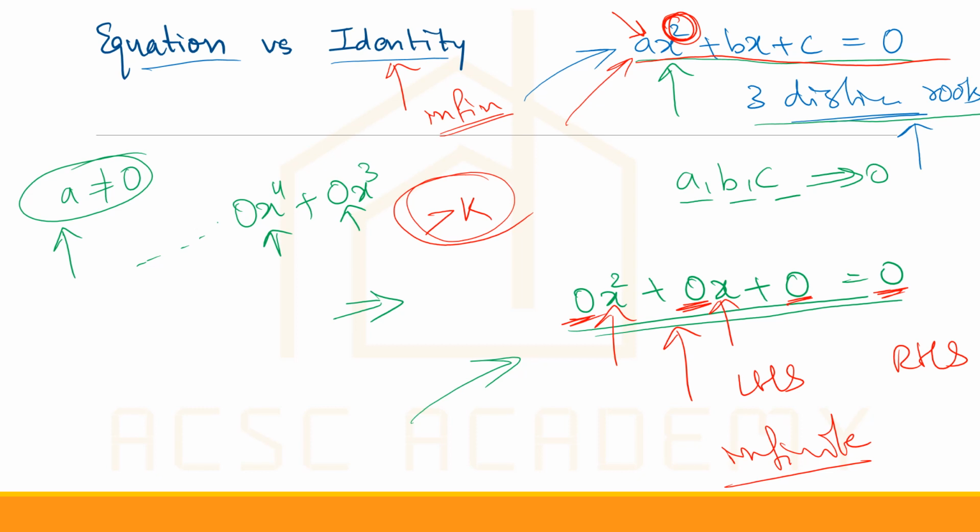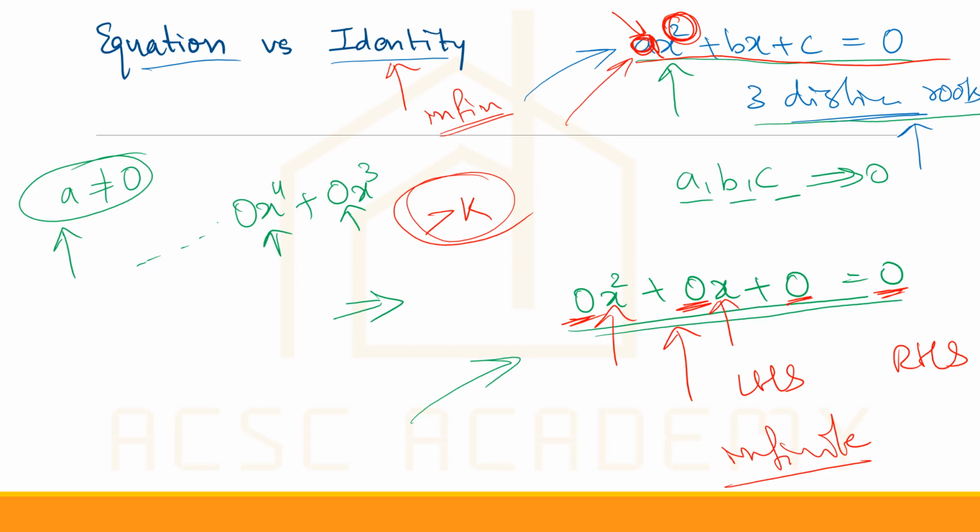So then this asks for further investigation. We need to check if the leading term is 0, or what the coefficients are, if all of them are 0, or what is the reason why it is having more roots than its degree. So that is what takes us to the concept of identity.